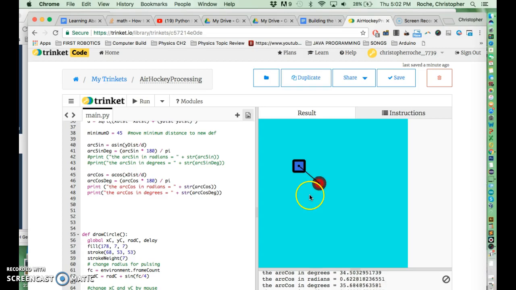Going down here it goes up to 90 here. And then it goes over here to 180. Okay, that's different. And then it goes down to, let me see if I get to 0.